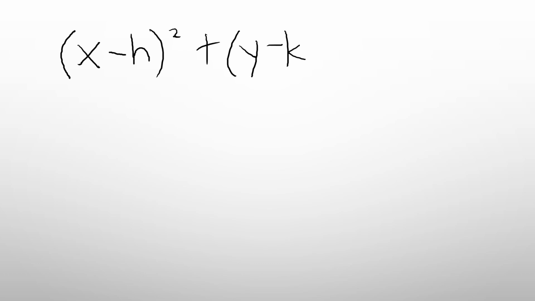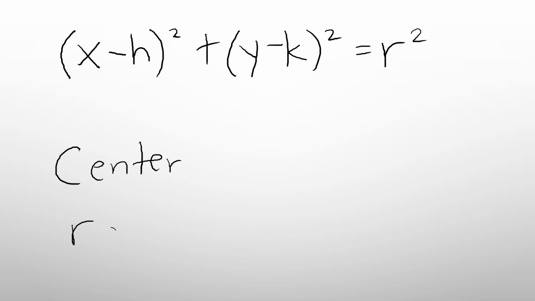Now, class, before we use the formula, let's talk about x minus h squared plus y minus k squared is equal to r squared, the standard form of the equation of a circle. Remember that in order for us to write the equation of the circle, we need to identify the center and the length of the radius.